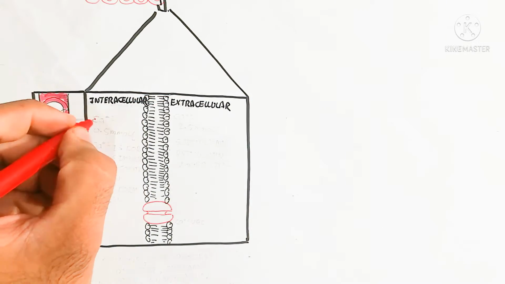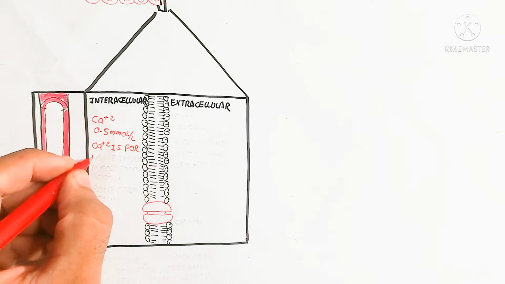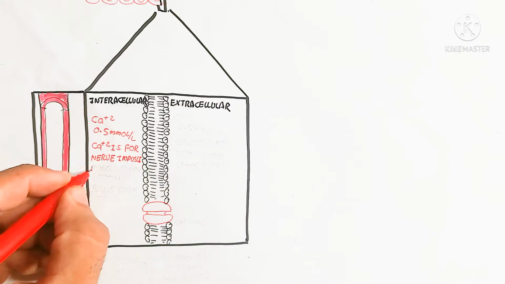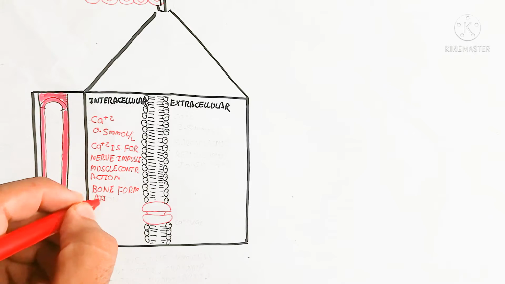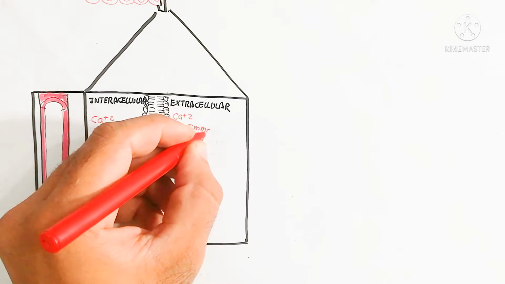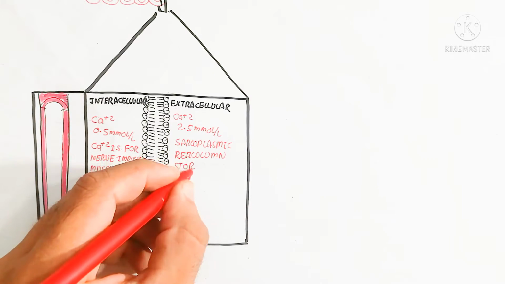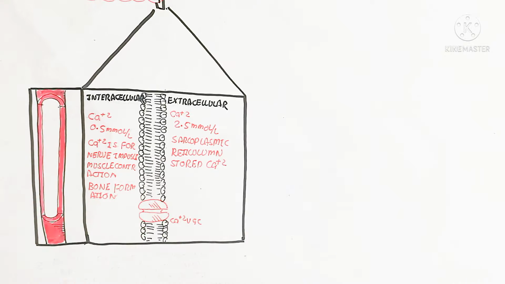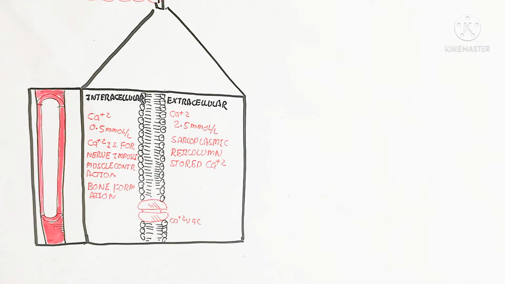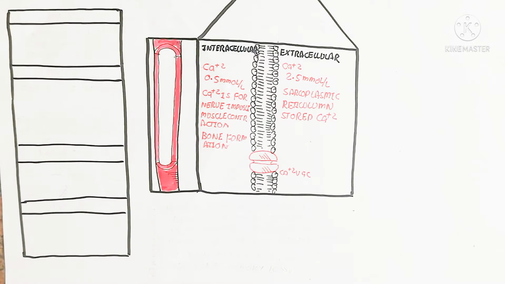The intracellular calcium is 0.5 millimole per liter, and this calcium is used for nerve impulse, muscle contraction, and bone formation. The extracellular calcium is 2.5 millimole per liter, and it is important for storage in the sarcoplasmic reticulum.